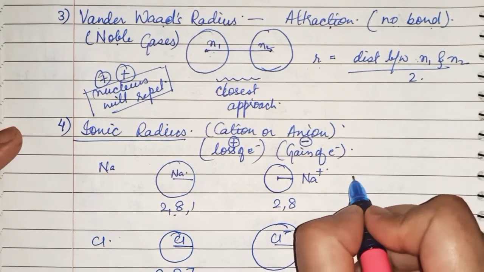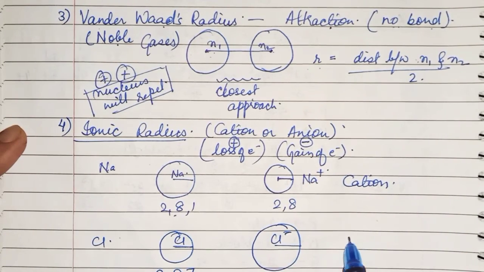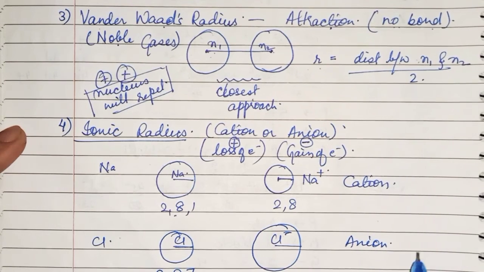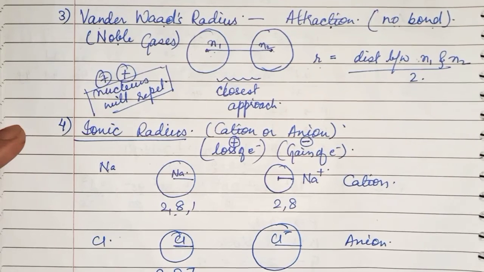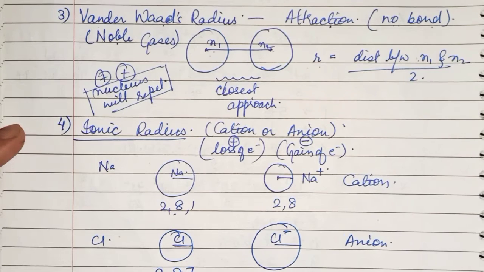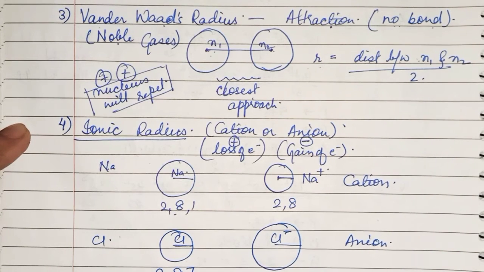Okay, so you can conclude that the size of cation is smaller than the size of anion. Then the neutral atom, then the cation size is smallest among these three.